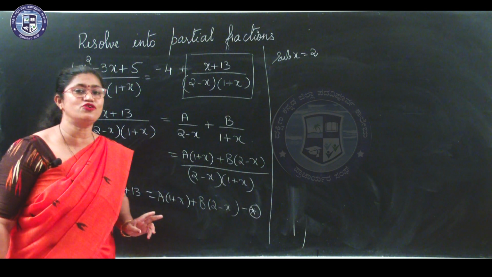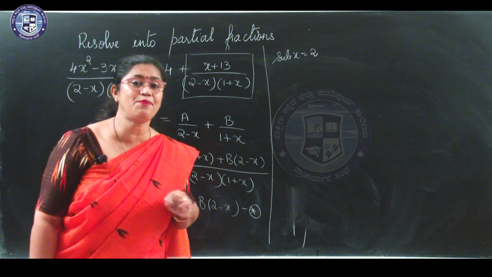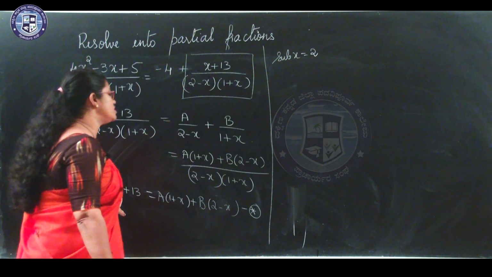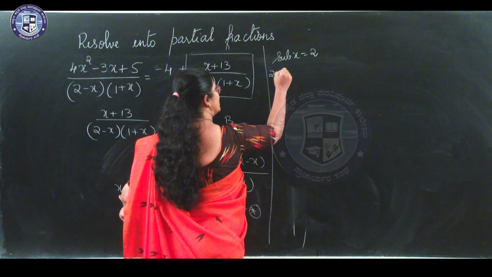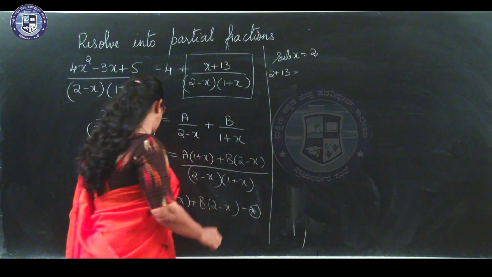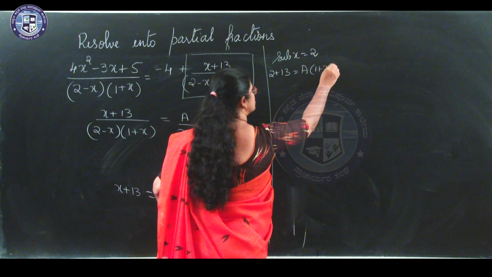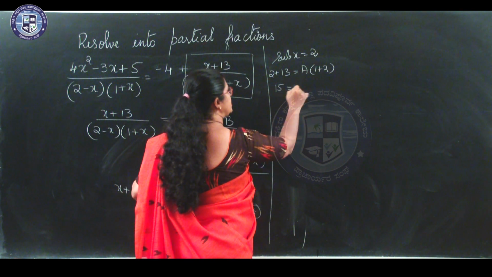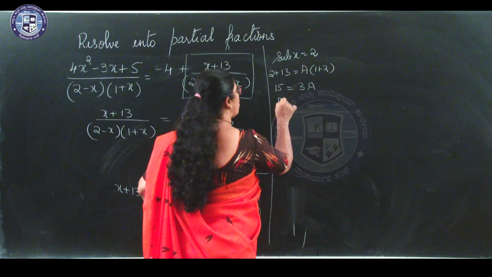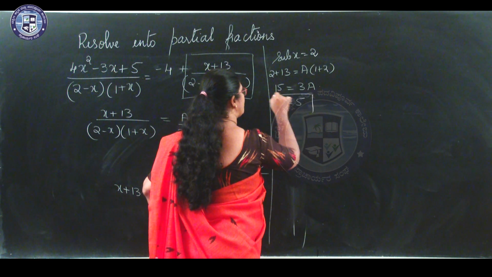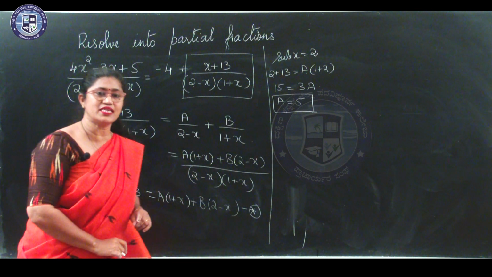How do I substitute? Wherever there is x, replace it by 2. So, this becomes 2 plus 13 is equal to a into 1 plus 2. So, this is 15 is equal to 3a or a is equal to 5. So, we got one answer.